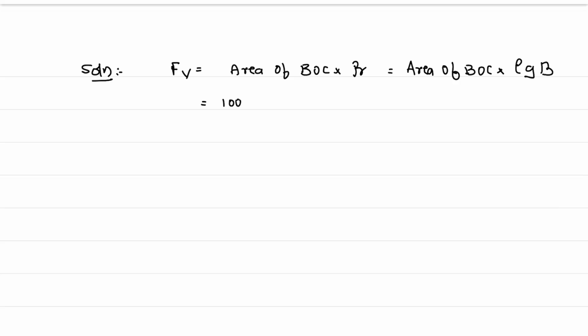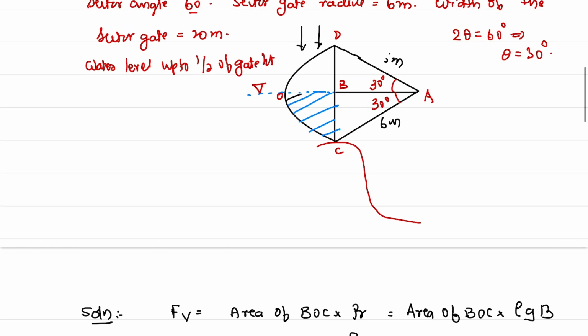Rho is 1000 into 9.81 into B is 20 into what is it? The main crux of the problem is to find the area of BOC on which the vertical force is acting.